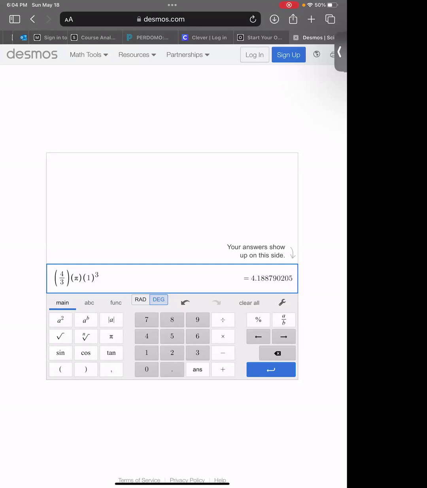But if you're really stingy with the parentheses, as you can see, there's the 4.1887, which rounds to about 4. So that's how you want to do it in Desmos. And notice I didn't have to do 1/3 times 4/3 times pi. I just did it all in one go.